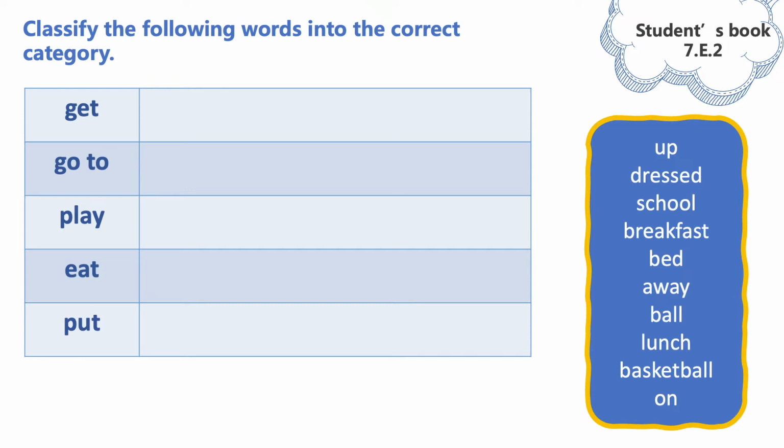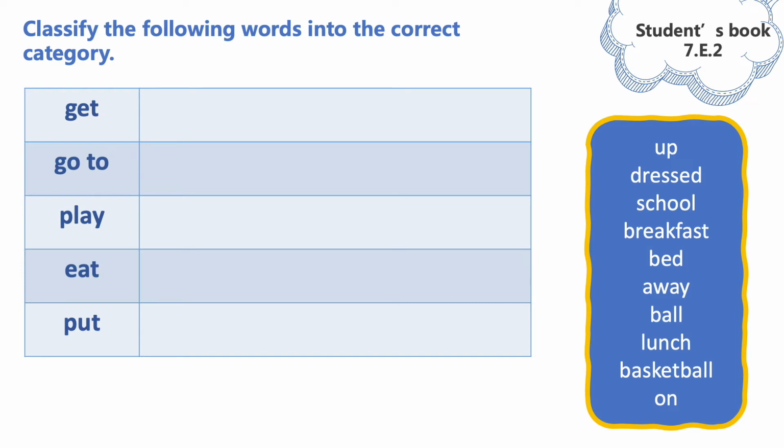Classify the following words into the correct category. So the categories are get, go to, play, eat, and put. And try to remember, some categories have 2 answers.